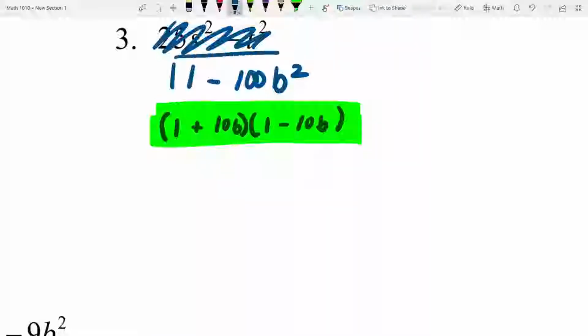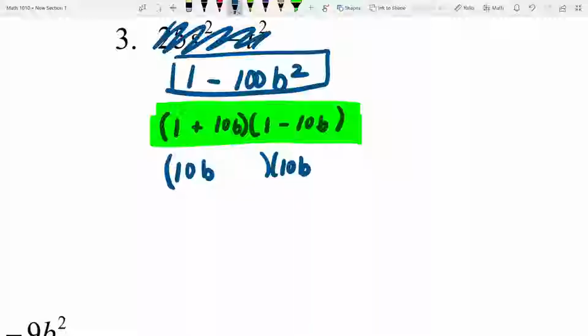People see this problem and they panic because they think the variable has to come first. So look right here and listen. Some people will go, well, that's 10b and 10b, and one's a plus and one's a minus, and 1 and 1. But is 10b times 10b equal to 1? No. So that has to come second because the 100 comes second. It's not the same. Everybody look why it's not the same. This is important.